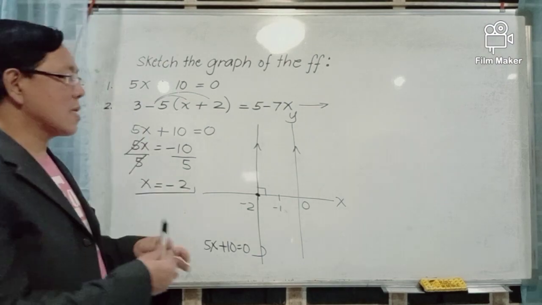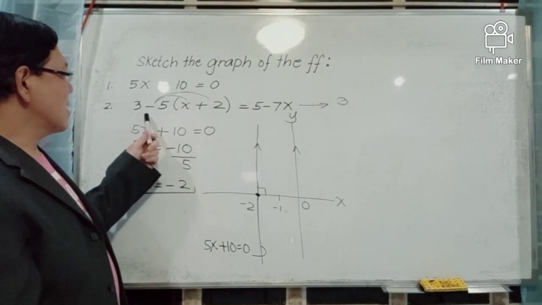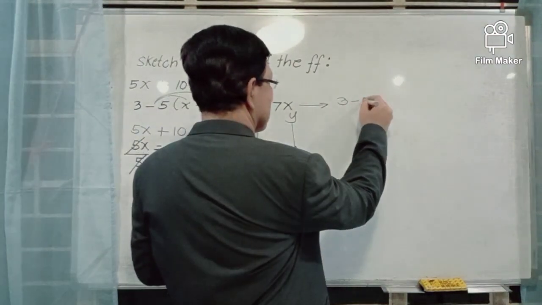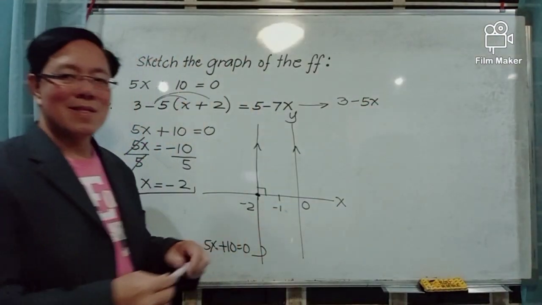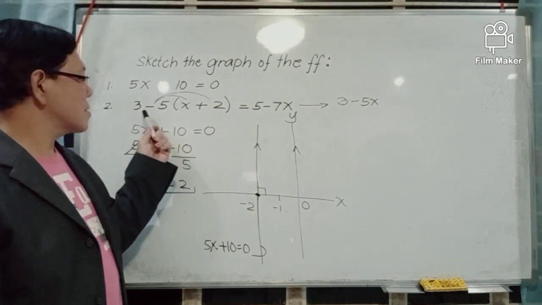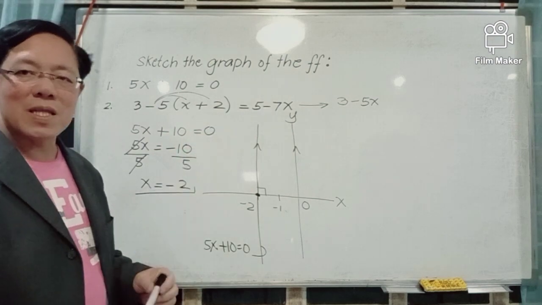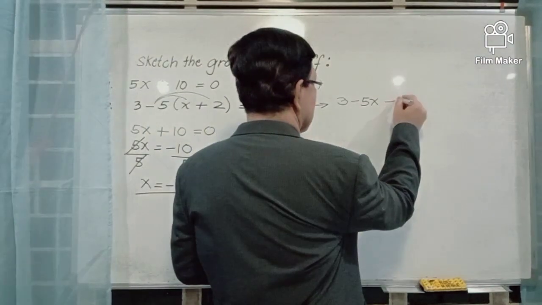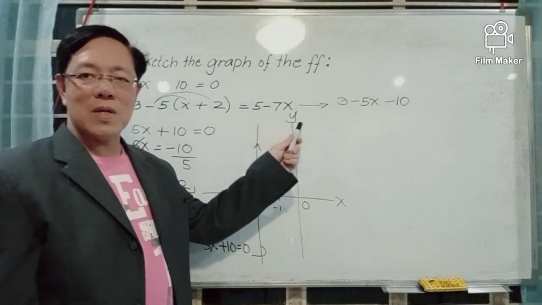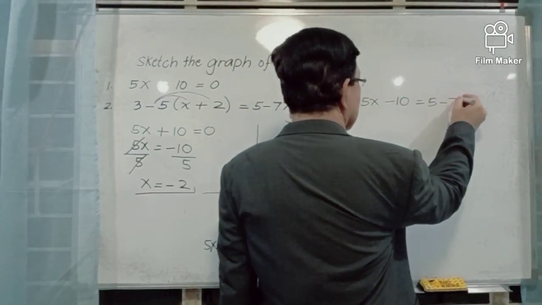The first term is 3. -5 multiplied by x is -5x. -5 multiplied by +2, negative times positive is negative. 5 times 2 is 10. We get -10. Equals 5 minus 7x.